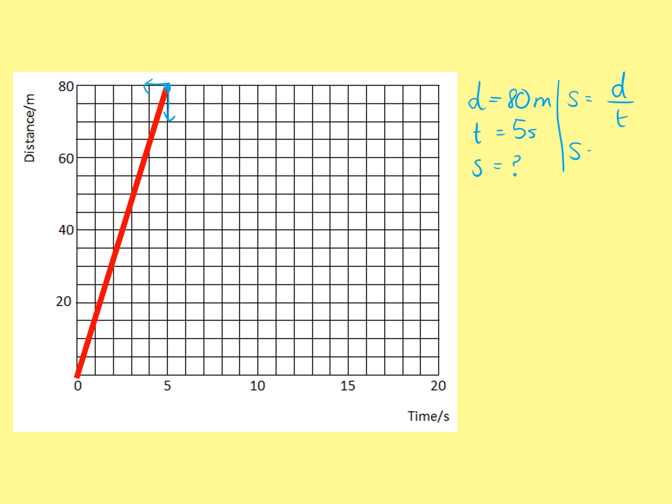Speed is 80 metres divided by 5 seconds. And that gives me a speed of 16 metres every second. Have a go at the worksheet distance time graphs so that you can practice calculating the speed using a distance time graph.